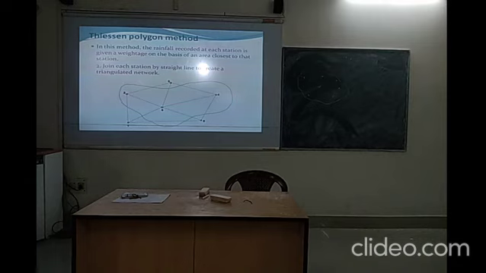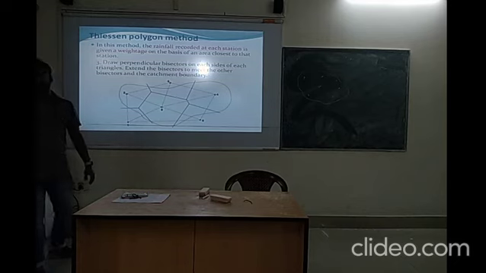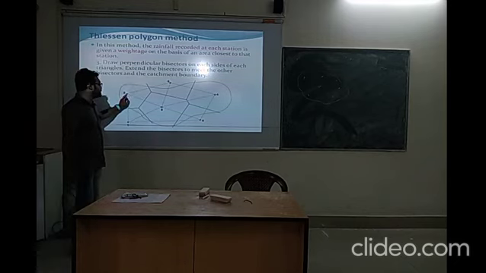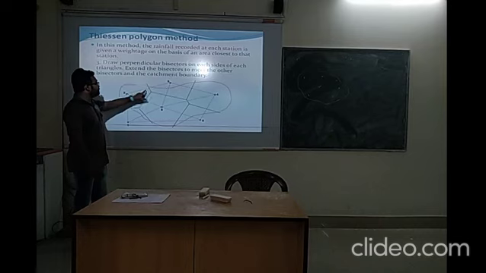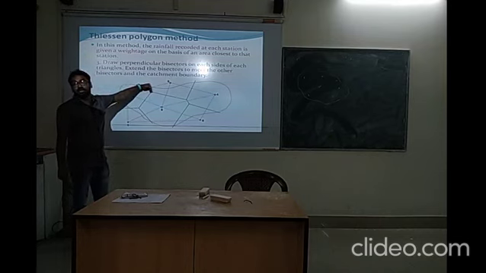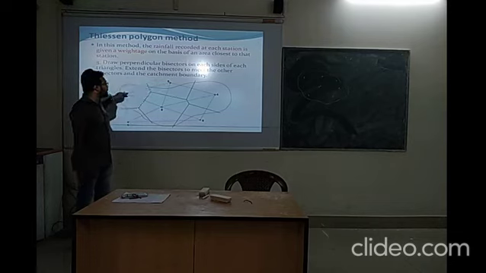The third step will be to find out the perpendicular bisectors of those lines. Those were the lines connecting all the stations, and I am finding the perpendicular bisector of each and every line. This one will be the perpendicular bisector of this line, this one of this line, and so on.